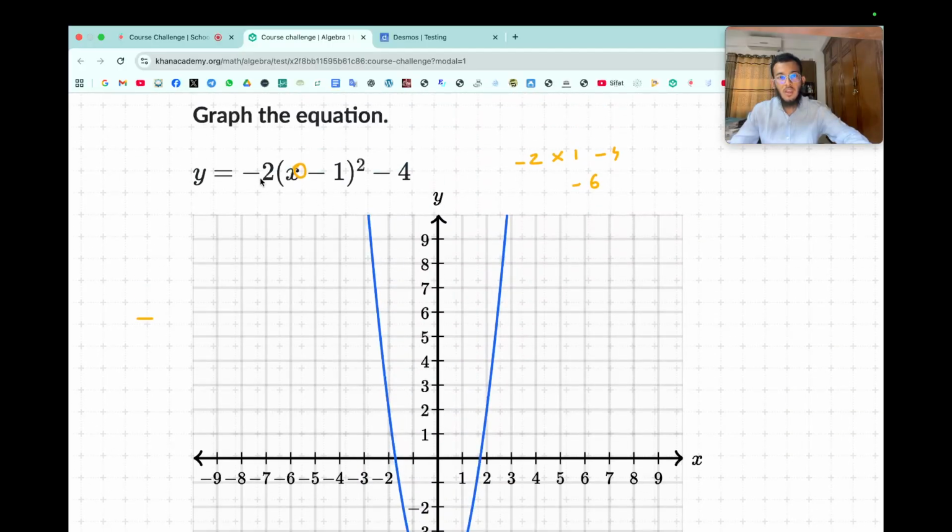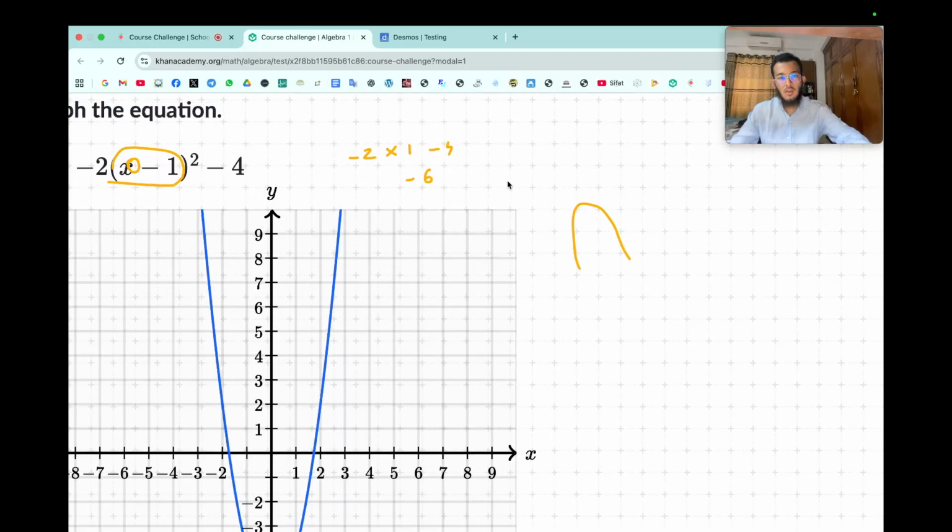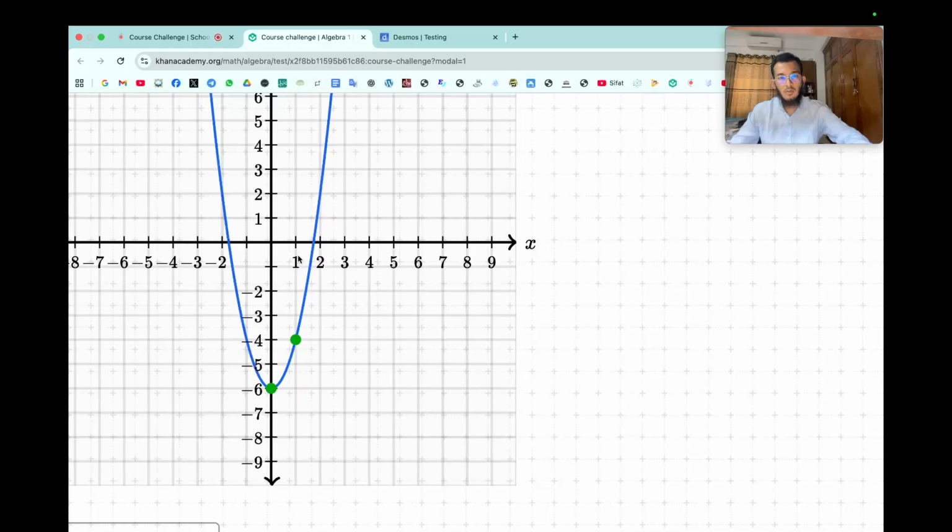Oh, this is negative, which means the graph will be something like this. So this is minus 6, and this thing equals 0 when x equals 1, and this is minus 4. This is 1, this is minus 4.